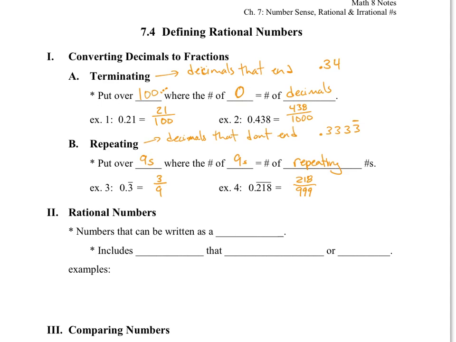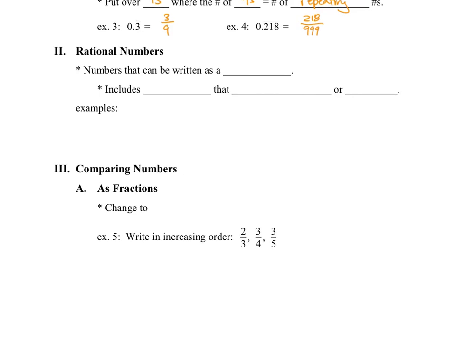So that's converting decimals to fractions. That's a little bit of review. You did that last year. Rational numbers are numbers that can be written as a fraction. It includes decimals that terminate or repeat.